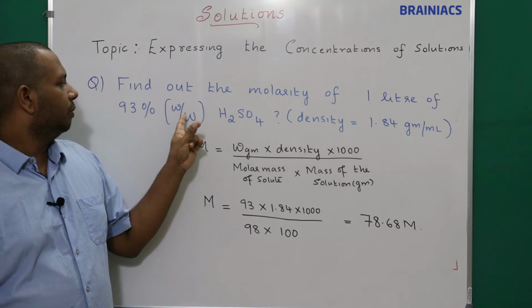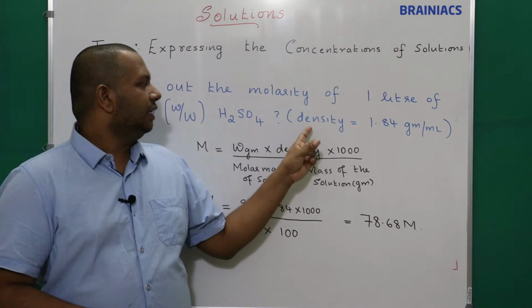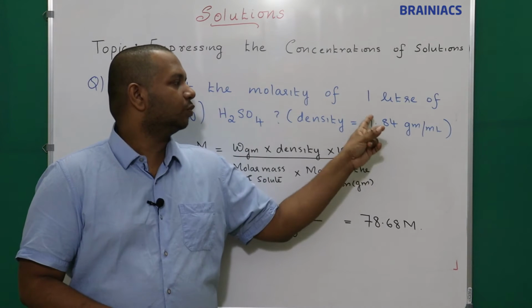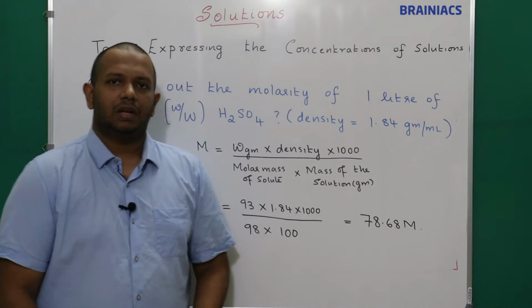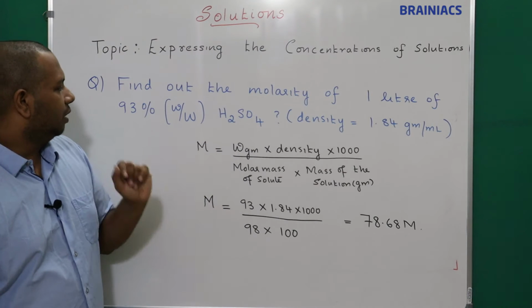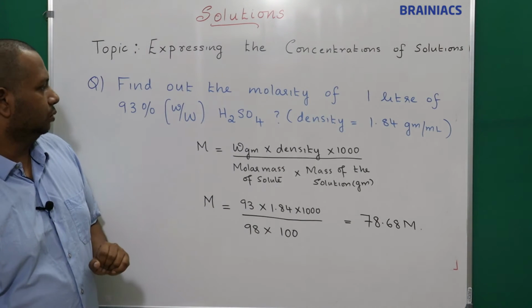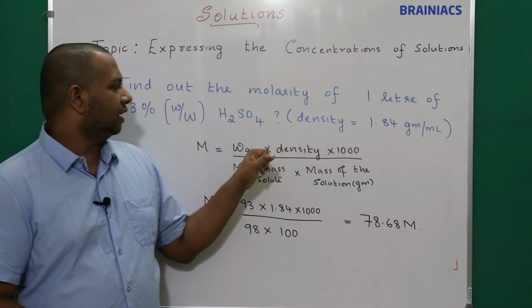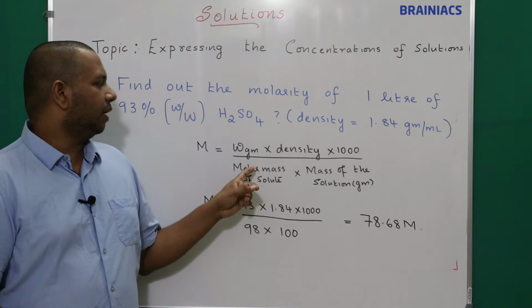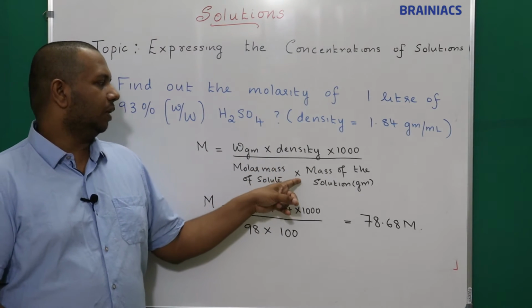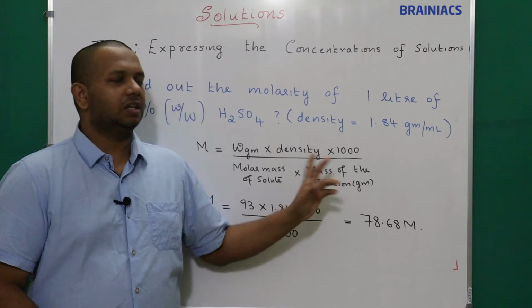Density of the solution is given as 1.84 gram per ml. So we know the formula. Molarity is equal to weight in gram multiplied by density of the solution into 1000 divided by molar mass of the solute multiplied by mass of the solution in grams.